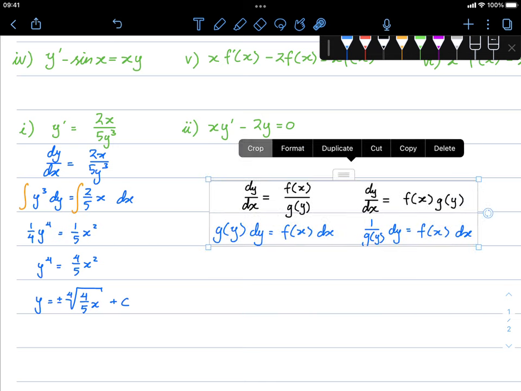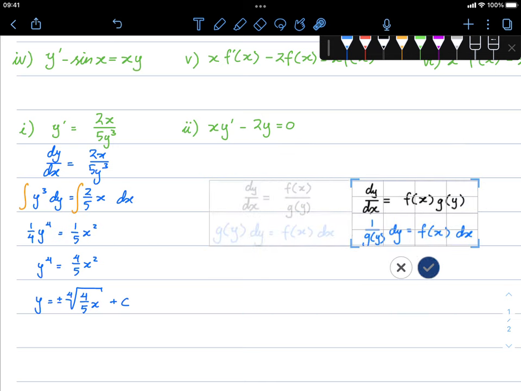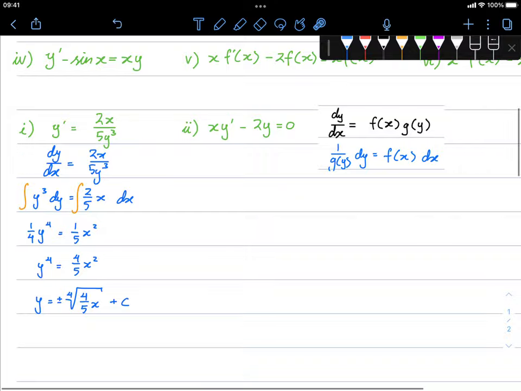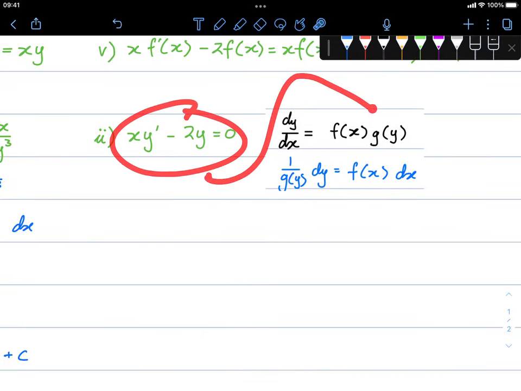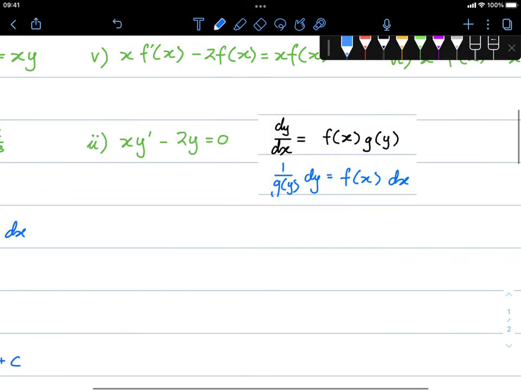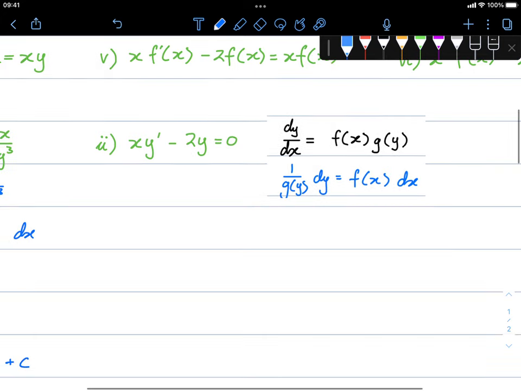Let's crop this. I'll demonstrate to you how this is actually this one. Okay, so it may not look like it, but we can actually move things around. So it's x y prime equals 2y.